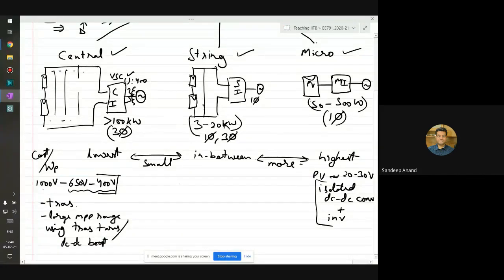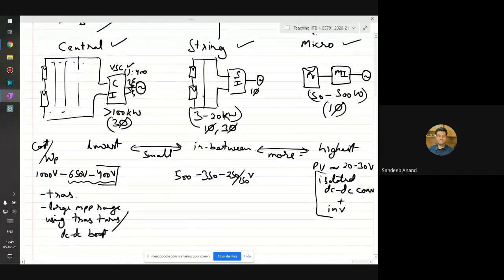You could have used 600 volt devices here, so if you're using 600 volt IGBTs or MOSFETs, you can go with an MPP range from 500 to 350 volt anyways, and then you connect a boost, thus allowing the panel voltage to go further low, maybe as low as 250 or 150 volt or something like that. So you get a large MPP range. This is an important consideration because the panel voltage varies. For all of these three inverters, if you open the data sheet, you would see the MPPT range in which it can track MPP.